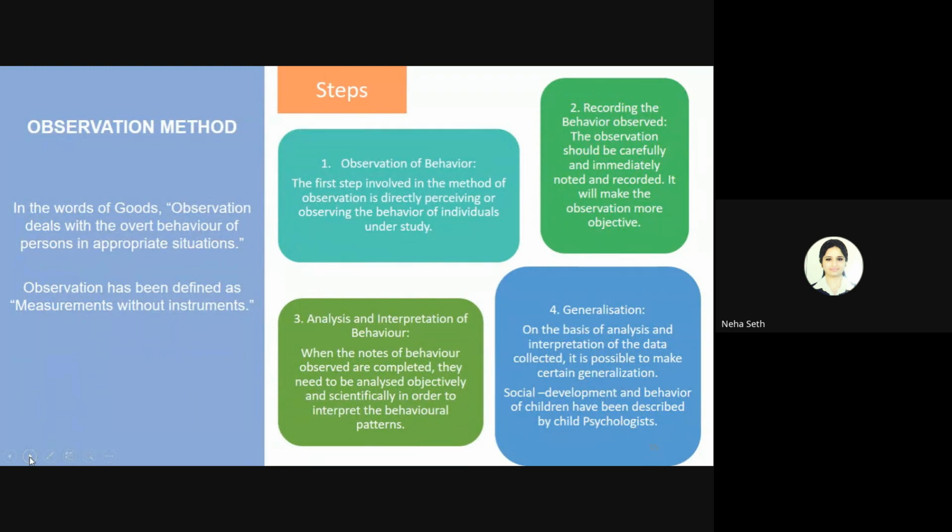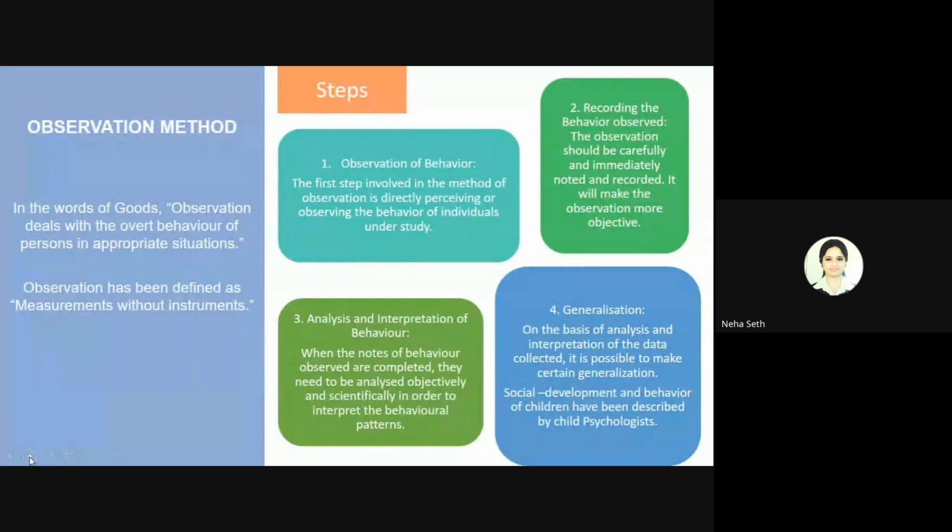Data is available in abundance, but the task is converting the data into information, and converting that information into wisdom, by starting from observation and reaching the generalization stage. So this is how the observation method actually works.